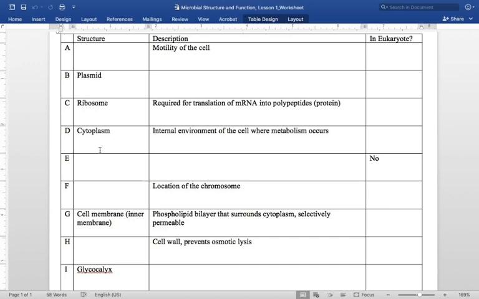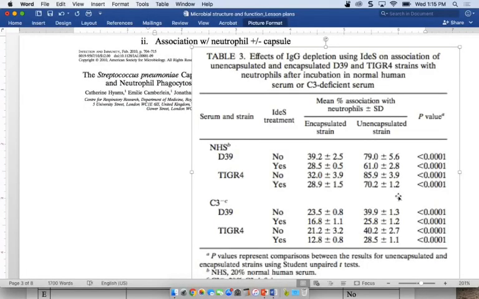What we're going to move into starting on Friday is bringing some contrast between the different types of bacteria. Some of the classical experiments in microbiology actually have more to do with molecular biology.